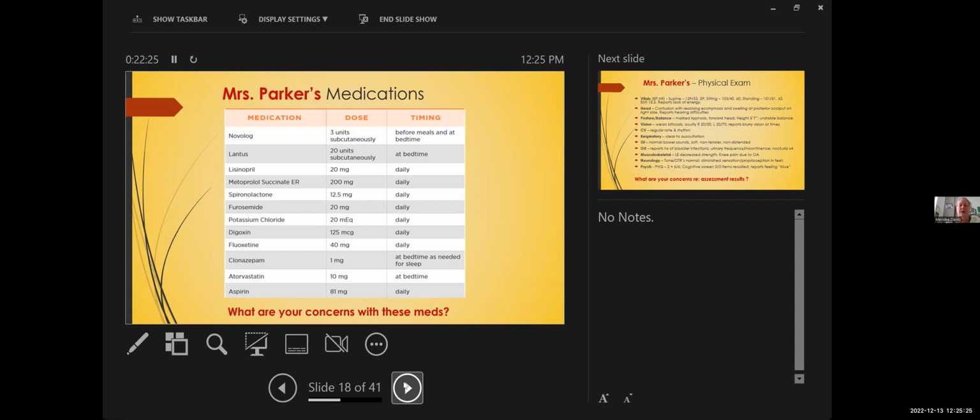And then one she's taking for atrial fibrillation. She's taking 2 medications for psychoactive response, Prozac type ones. And then she's taking cholesterol medication, and just a small dose of aspirin there. Anything you guys see in those medications you would have concerns about?